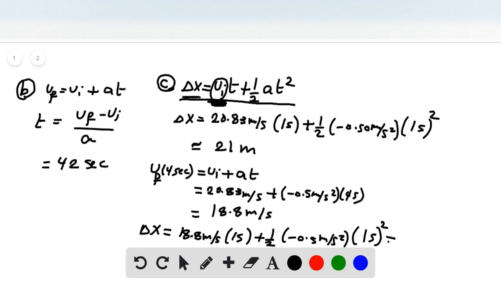When you plug in these numbers, you get a value of 18.6 meters, and because again we have two significant figures, our value is going to be around 19 meters. The point I want to emphasize is that v at 4 seconds can be final if you compare it to the earlier time, and it can be initial if you compare it to the later time. I just want to mention for part C, there are many ways to solve this problem, but this is the route I took. You can try different routes as well. Thank you.